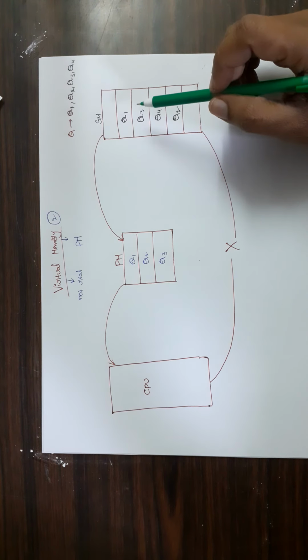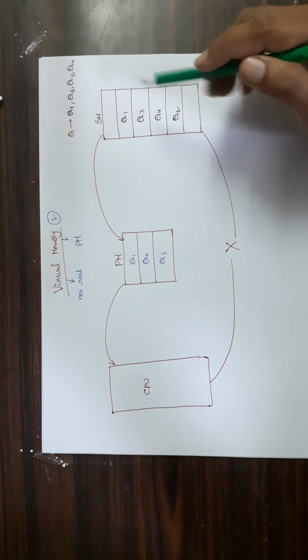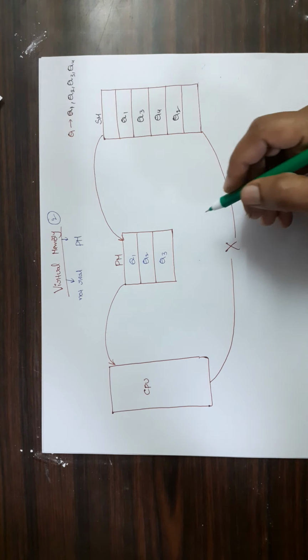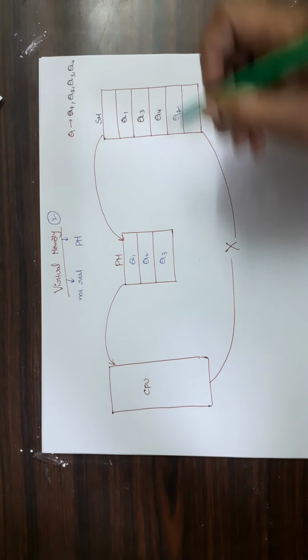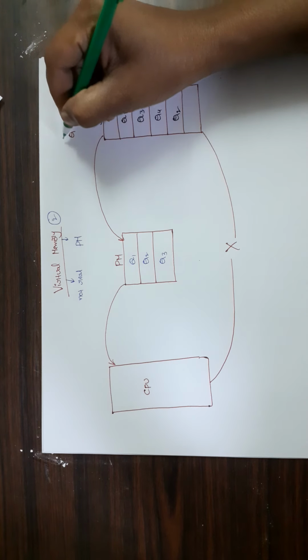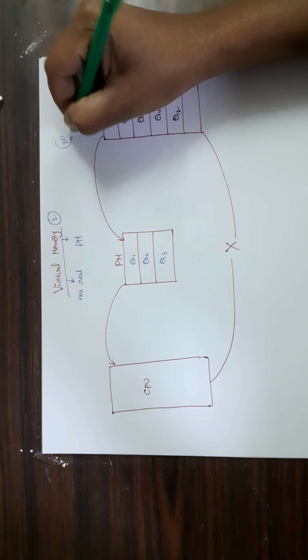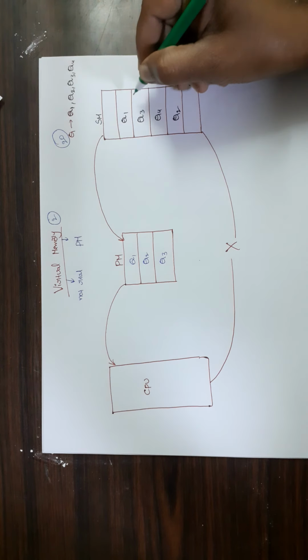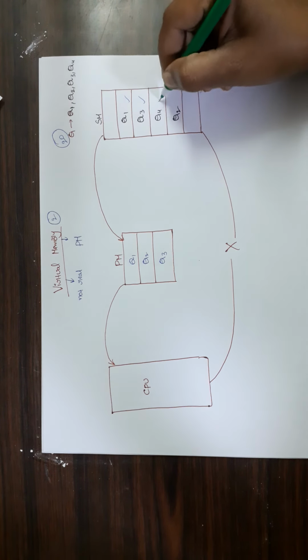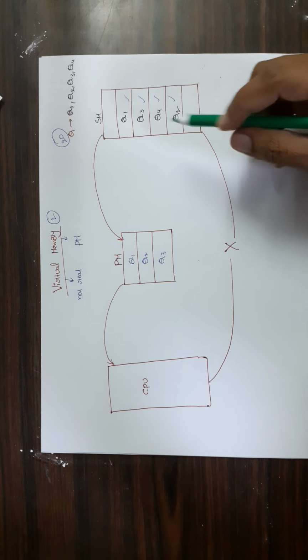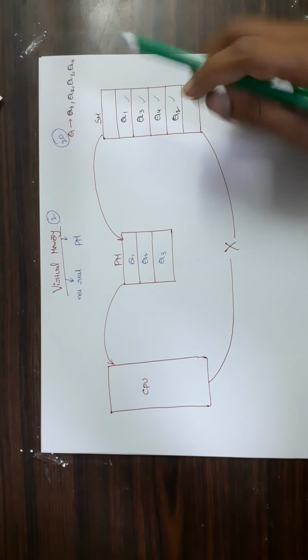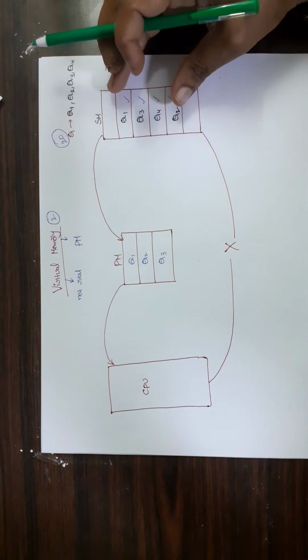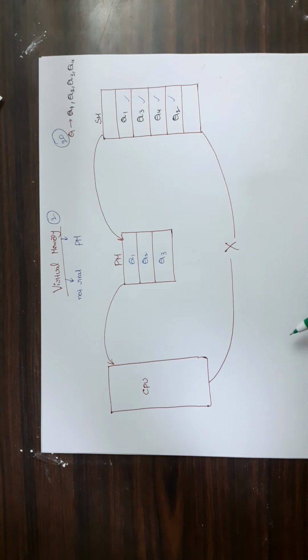Here, if you observe, I am taking the same example, but the size of the primary memory is very small compared to the process size. What is the size of the process? The size of the process is 20 bytes. So I have stored that process queue in the secondary memory like this. Now in order to execute this process, data should be brought from secondary memory to the primary memory.